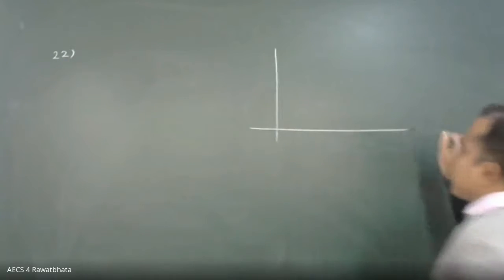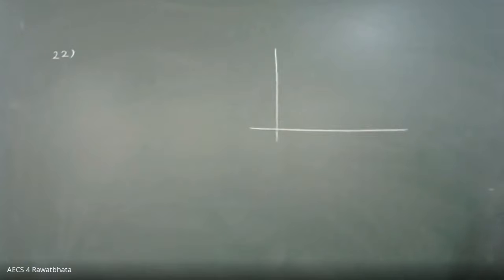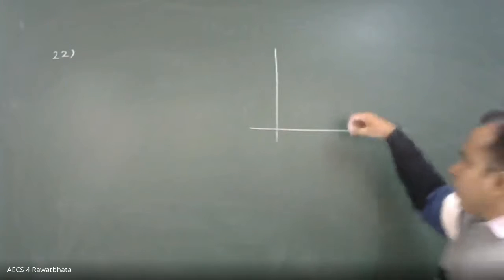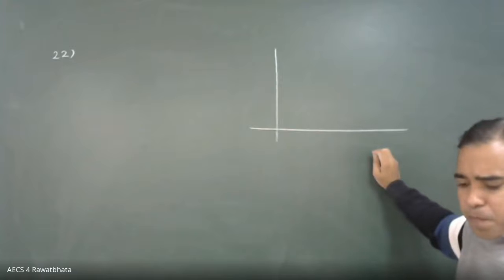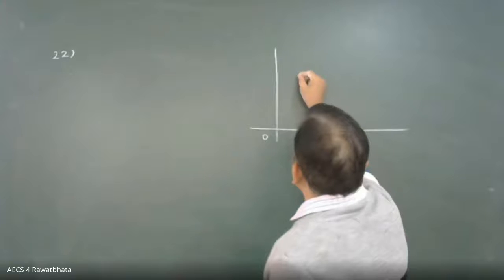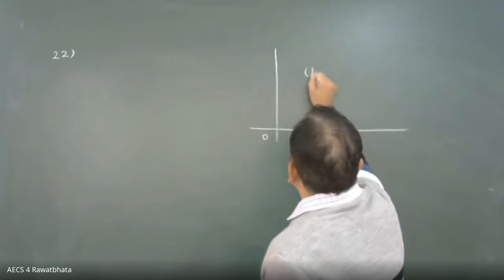So one ray is coming, and it passes through which point while incidenting? It comes from which point, Jyoti? (1, 2). Any name is given? No name, sir.